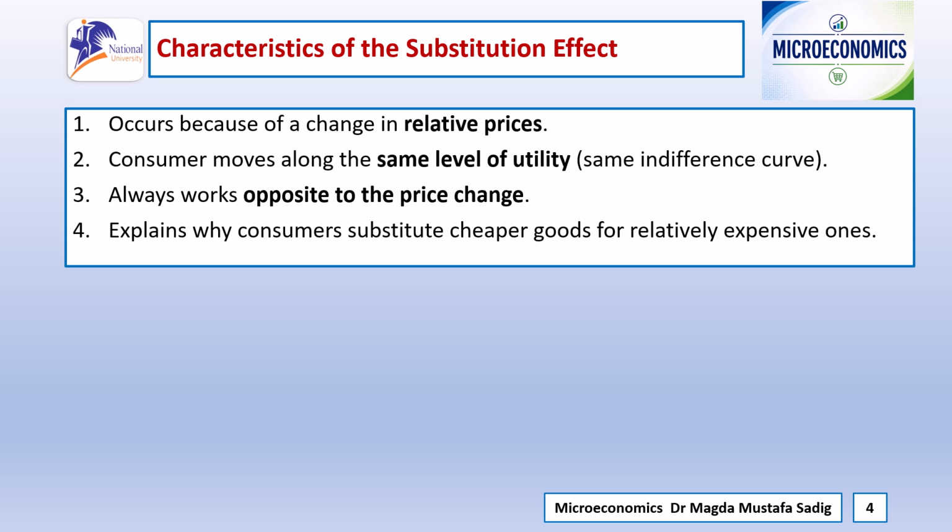Although we won't go deeply into indifference curve analysis today, remember that the substitution effect assumes the consumer's satisfaction or utility remains constant. Third, the substitution effect always works opposite to the direction of the price change. If price rises, quantity demanded decreases. This relationship is always true. That is why economists say the substitution effect is always negative with respect to price.